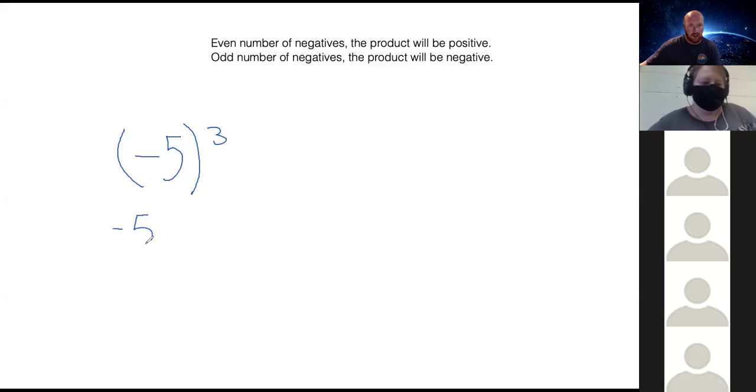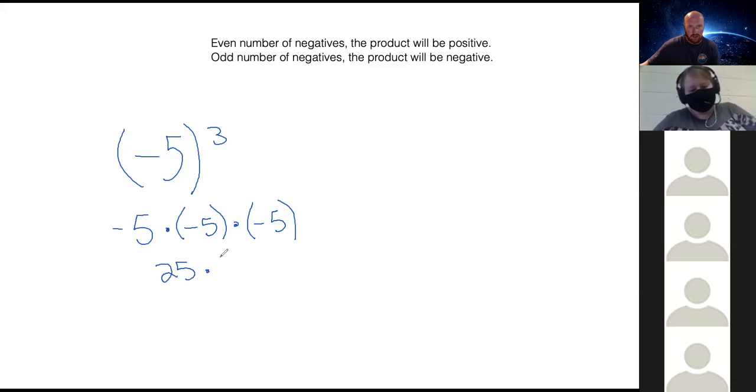It would be -5 times -5 times -5. So then we do two numbers at a time. -5 and -5 would give us a +25. Then times a -5. We have a positive times a negative, which would give us the -125. Okay.